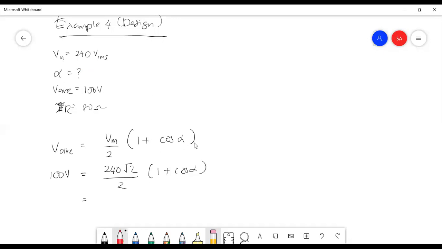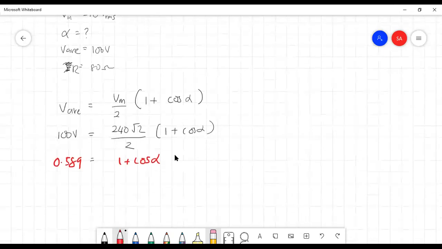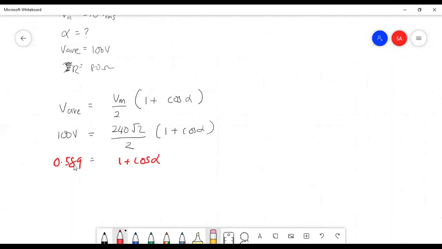By using the equation here, it is very simple. You just need to substitute all the values so you can obtain alpha. By using the calculator, I have simplified and finally obtained 0.589 equal to 1 plus cos alpha.